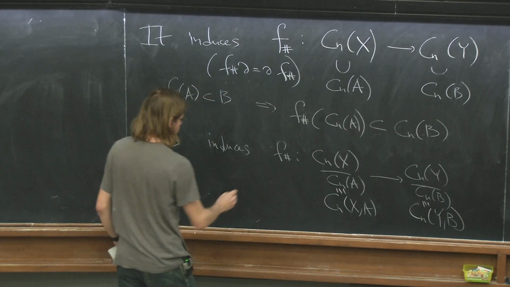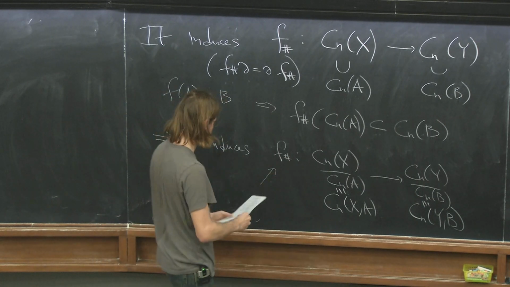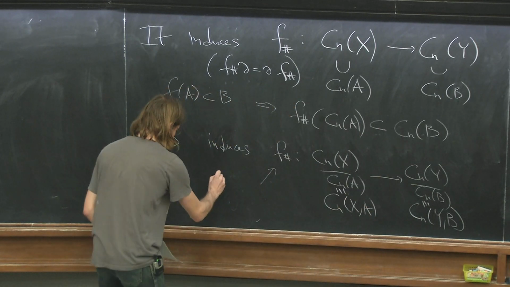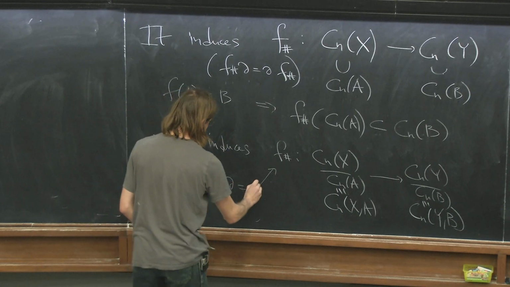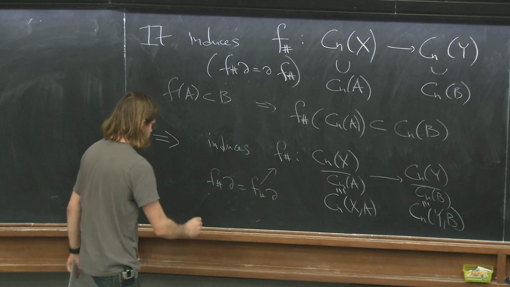And for this F sharp, now consider it as a map between these quotients. It's easy to see that this property that it commutes with D still holds.